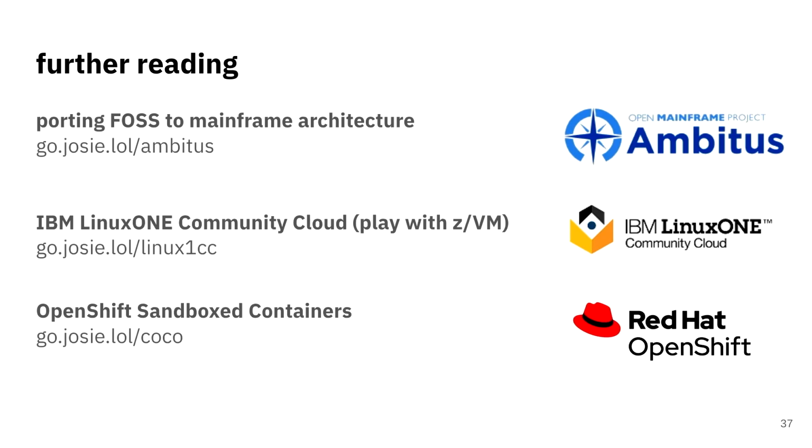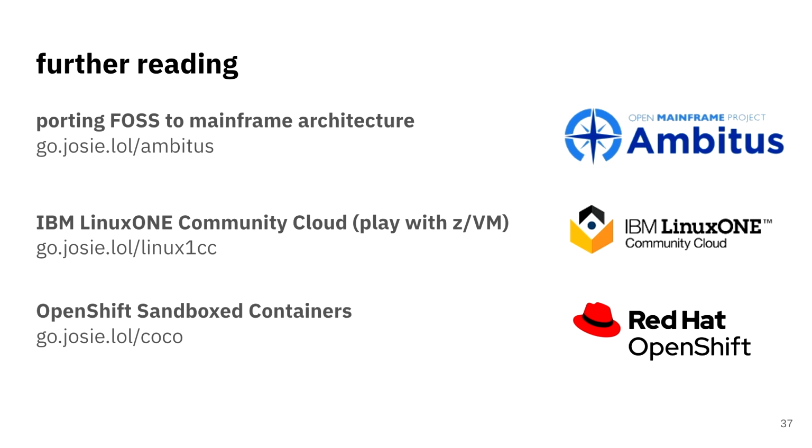So maybe this talk got some of you interested in learning a little bit more. I've collected a couple of links for you with some good resources if you want to learn more about modern mainframes and confidential computing. The Open Mainframe Project is an initiative by the Linux Foundation, kind of like the CNCF. And one of their initiatives is Ambitus, which focuses on porting open source software to mainframe architecture.